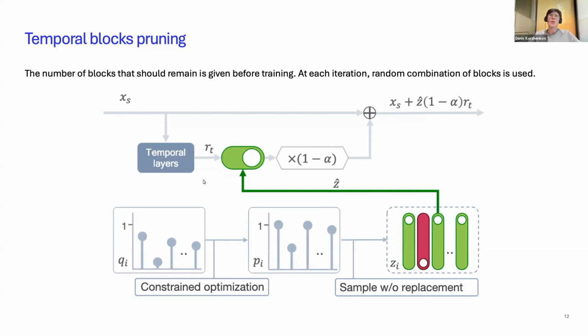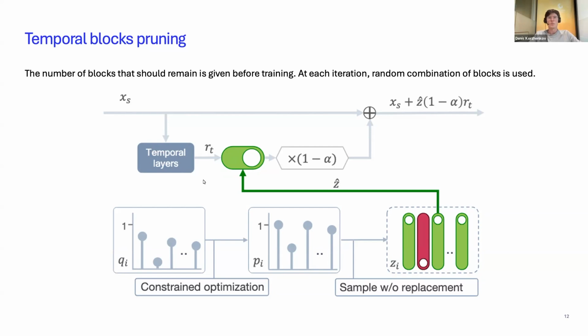So if you think about this from the perspective of sampling without replacement, if you learn a probability pi for each temporal block, then in case of sampling without replacement, the sum of these pi values should also be equal to n, because for each sample, the sum of indicator values z1 plus ... plus zn is equal to n, then the expectation should also be equal to n, then the sum of probabilities should also be equal to n.